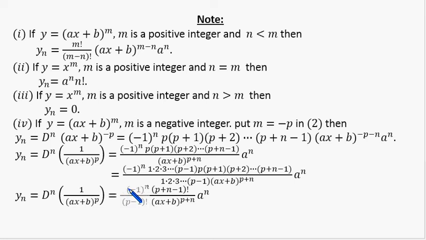So overall, the nth derivative of 1 divided by (ax plus b) whole to the power of p is minus 1 to the power of n into p plus n minus 1 factorial divided by p minus 1 factorial into (ax plus b) whole to the power of p plus n into a to the power of n.